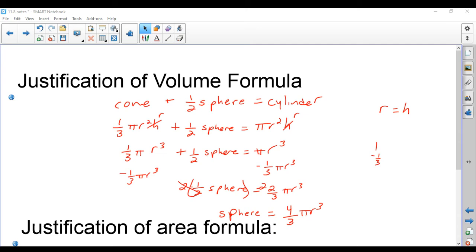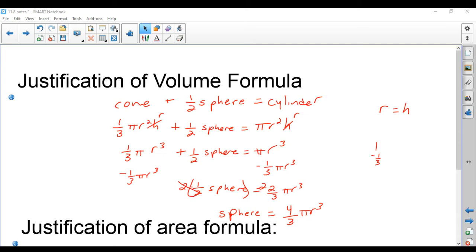The total, we're going to talk about the total volumes of the pyramid and the total volume of the sphere. So the total volume of the pyramid is the volume of each pyramid, which is 1/3 its base area times the height of the pyramid, which is the radius of the sphere. So we'd have to add up all of these volumes of the pyramids to get approximately the volume of the sphere.